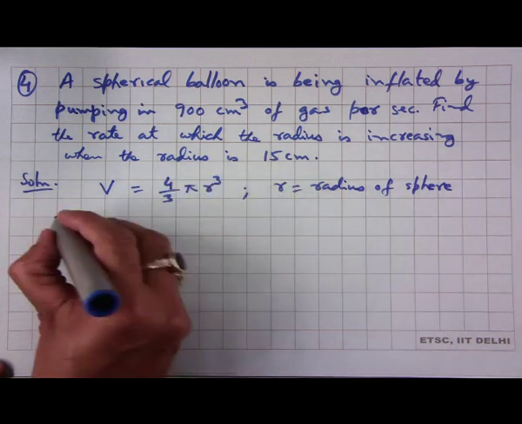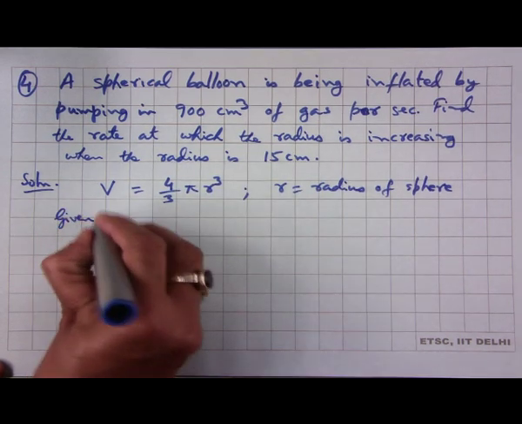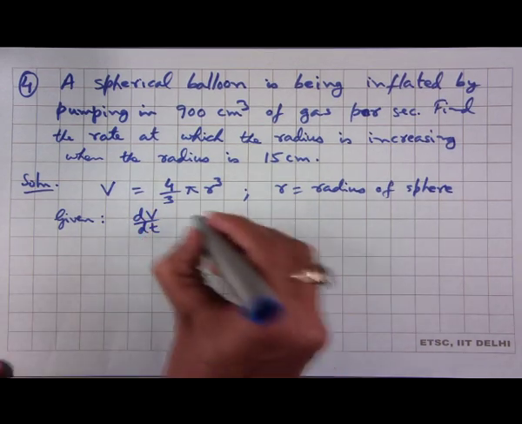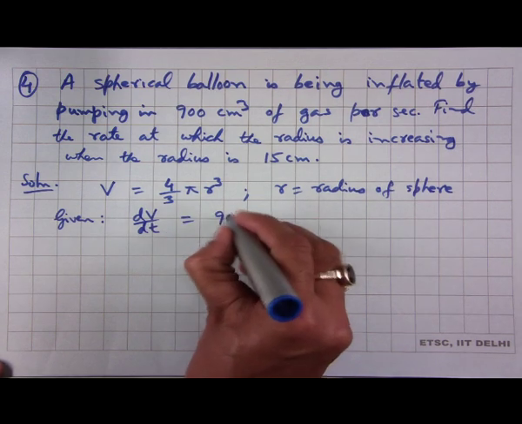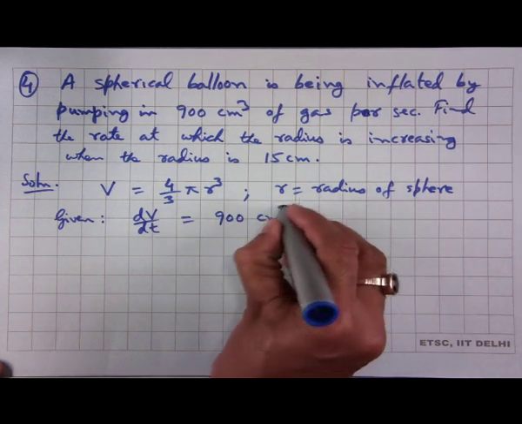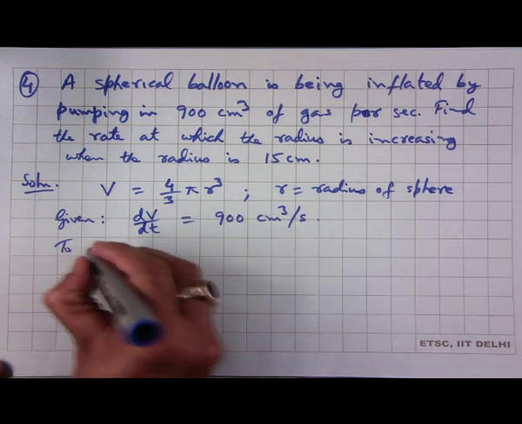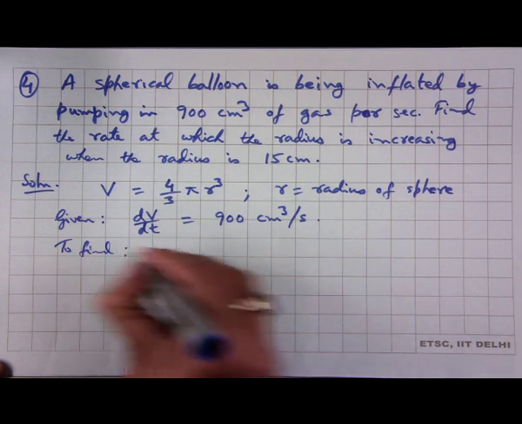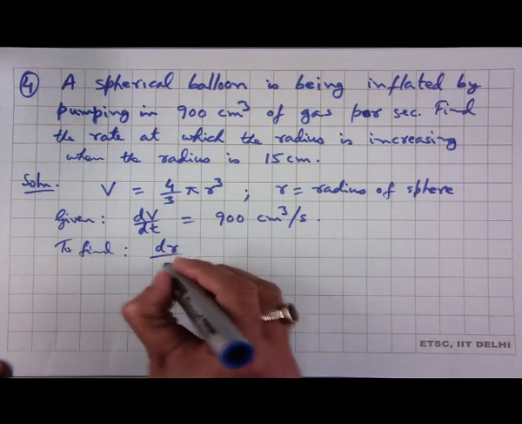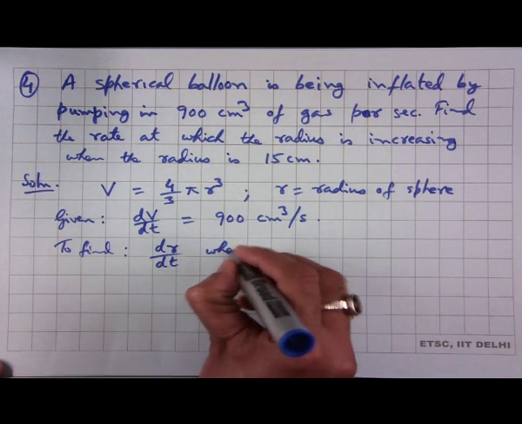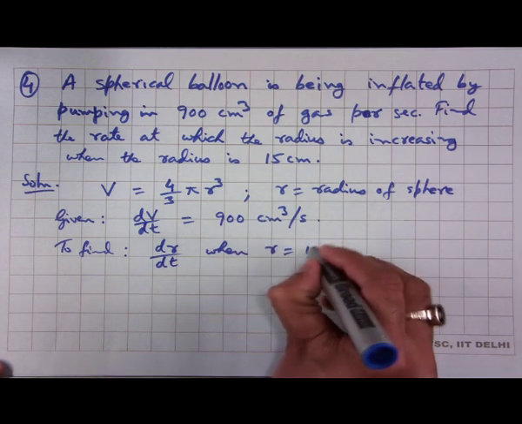What is given is the rate at which volume is increasing, dV/dt, which is 900 cubic centimeters per second, and we need to find the rate at which the radius is increasing, that means dr/dt, when the radius is 15 centimeters.